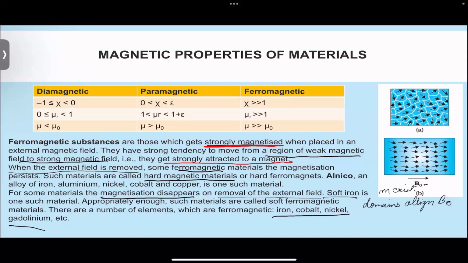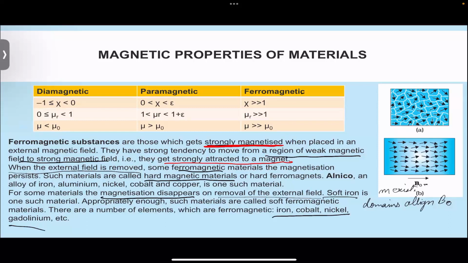When the external field is removed, they don't lose the magnetism. Not all, but most, like magnetite, which is one of the minerals where the magnetization will persist.